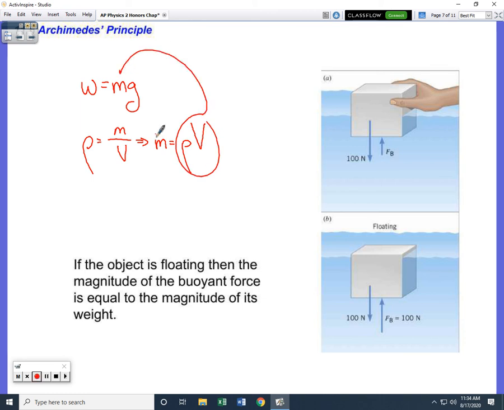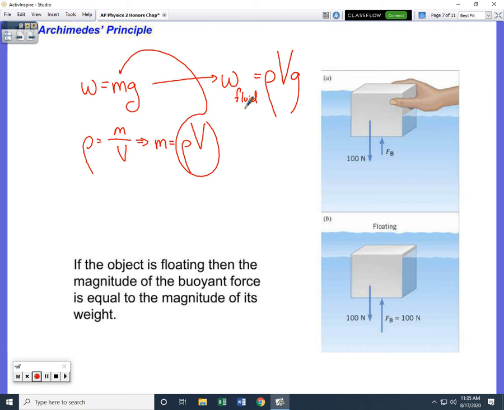So to find the weight of a fluid, it's often easier to take the density of the fluid times the volume of the fluid times the acceleration of gravity. And I always like to write it like this because I think rho, which stands for density, and the g for gravity kind of mirror each other around the volume.